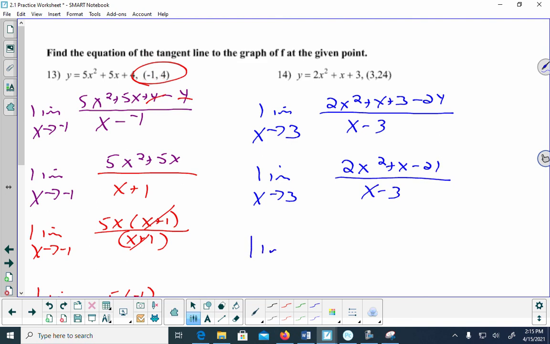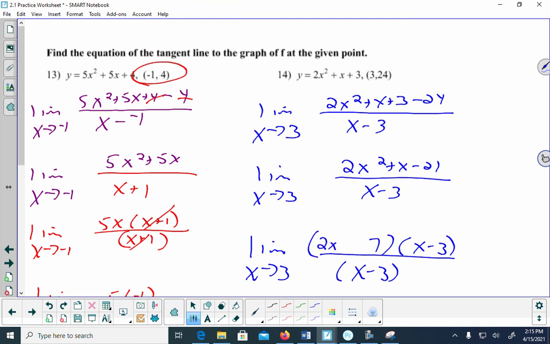Now here's a hint. If you don't like product sum, well, you got to get over it. But x minus 3 has to be one of my factors. So the only way I can get 21 times negative 3 is 7. So that has to be 7, which means this has to be a 2x. And then just see if it works. And this would be 7x minus 6x, and it works.